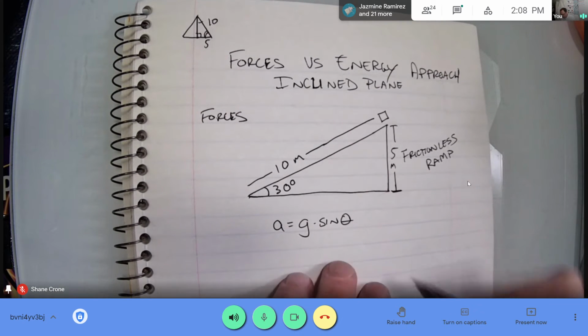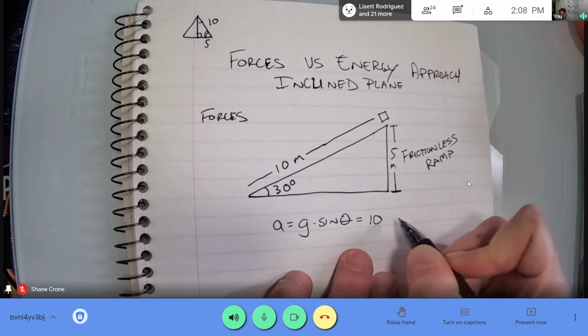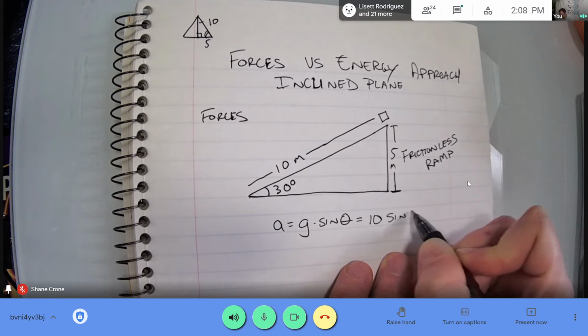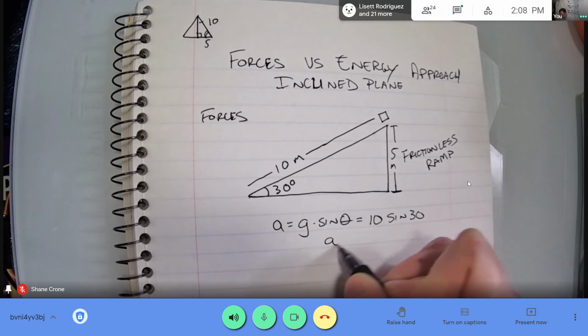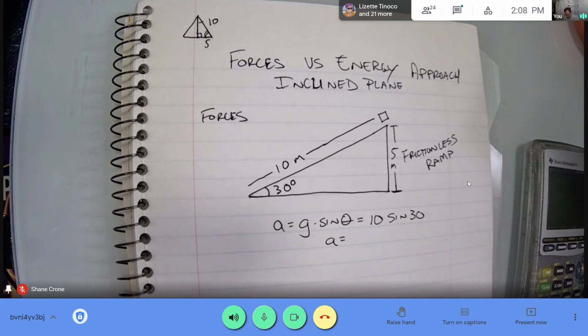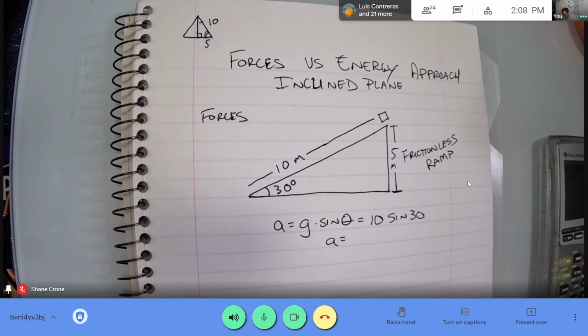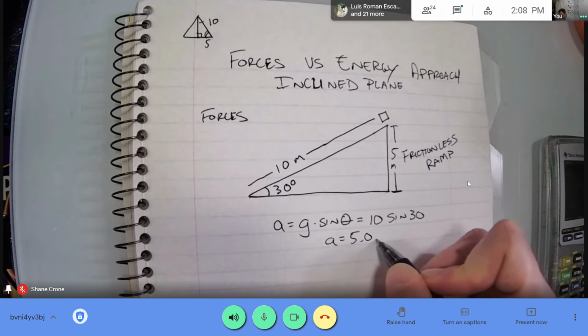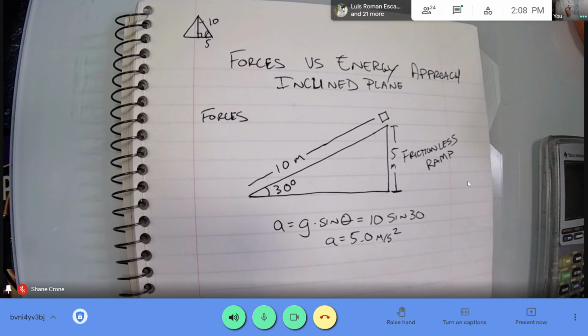But in this case, we can certainly work out the value of it. Let's use 10 times the sine of 30 to give us an acceleration of 5 meters per second squared.